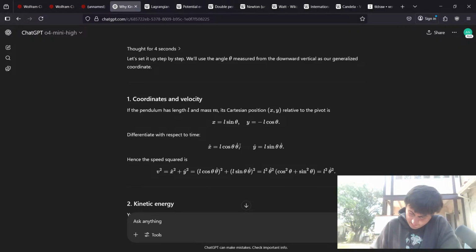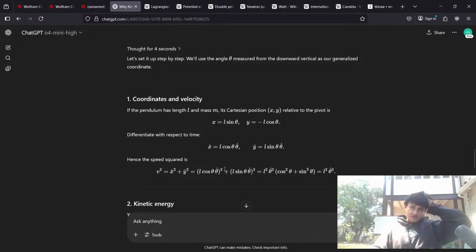Okay, so then v squared is equal to y1 dot squared plus x1 dot squared.